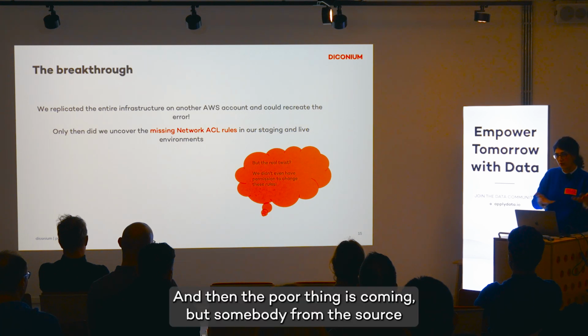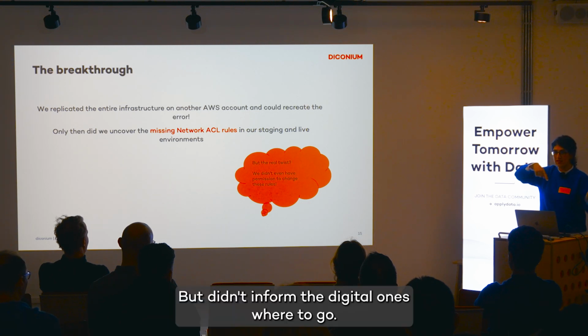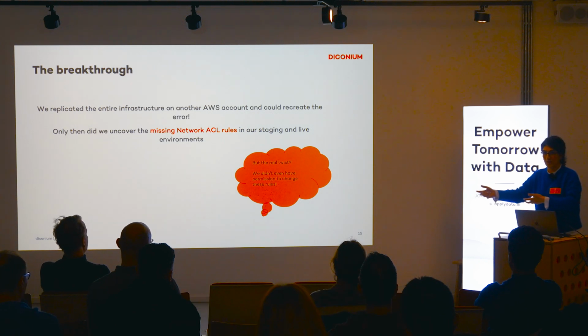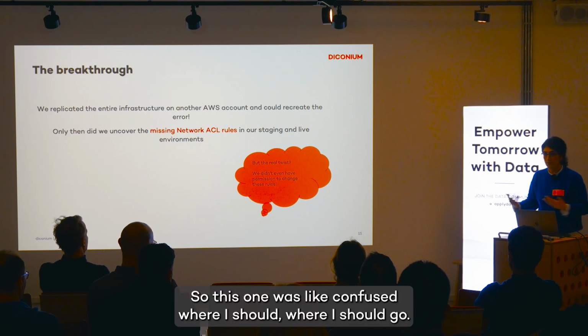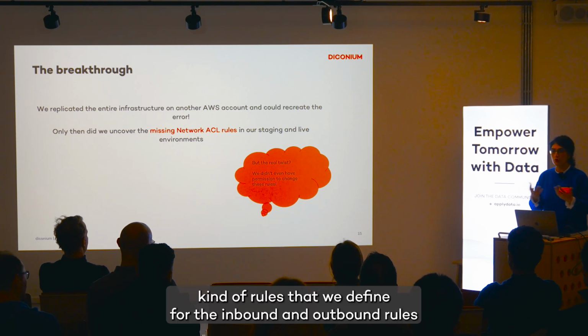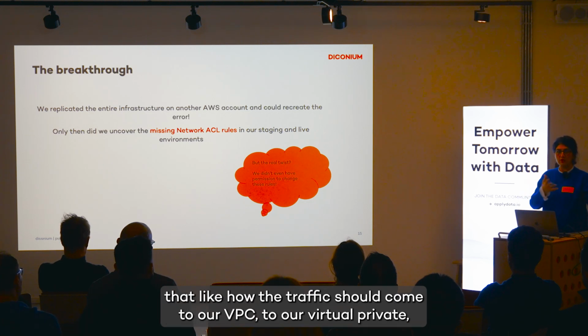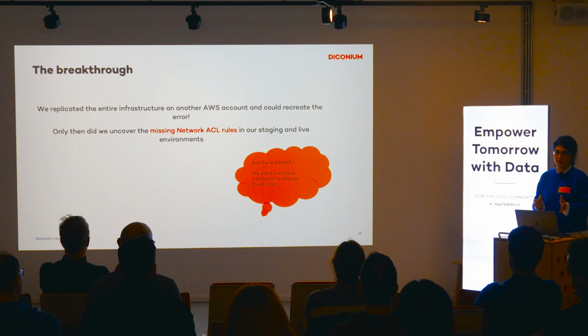And then the poor thing is coming, but somebody from the source has changed the number where the packet should go, but didn't inform the digital one where to go. So this one was confused where to go. Actually, network ACL rules are the rules that we define for the inbound and outbound traffic, how the traffic should come to our VPC, our virtual private cloud.